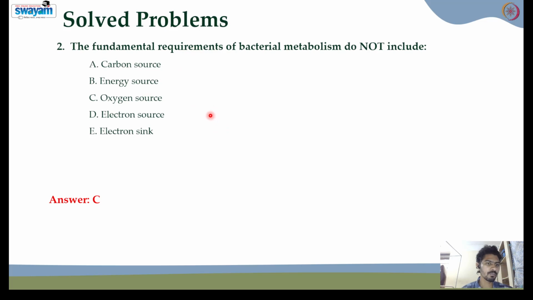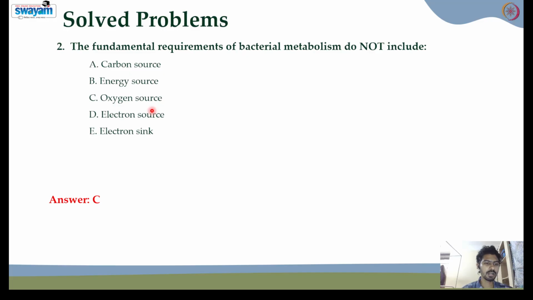And why is it so? If you see the carbon source, it acts as a building block for the cellular structure as well as for energy production. The energy source obviously helps drive the cellular processes and ATP synthesis. Sometimes, for example, glucose acts as the carbon source as well as the energy source for bacterial metabolism.